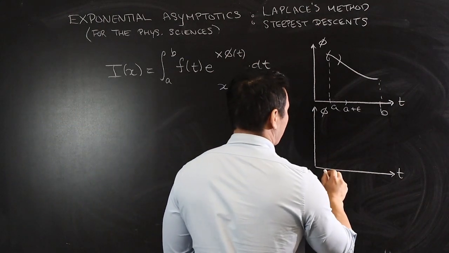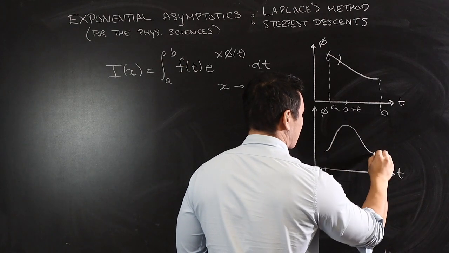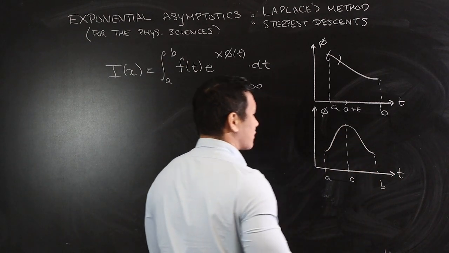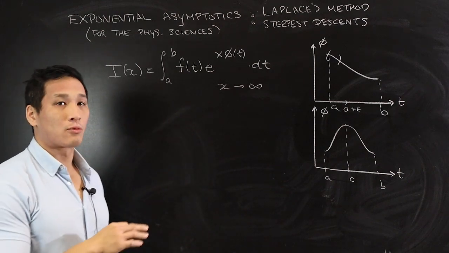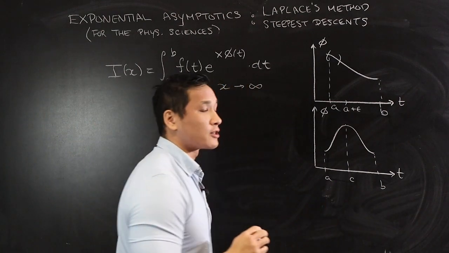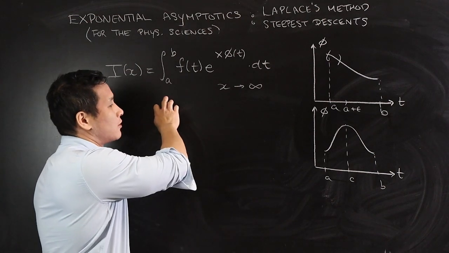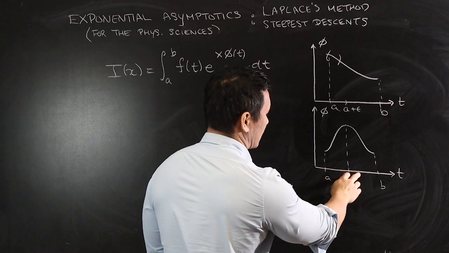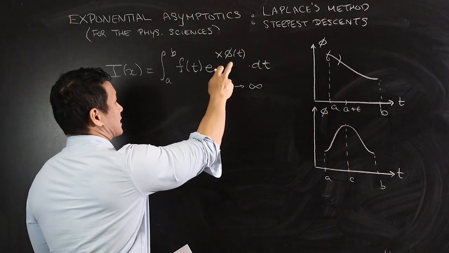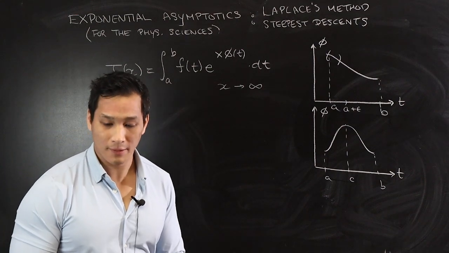And the other version of Laplace's method you would apply if your function phi looks something like this. So in this case, phi has a local maxima somewhere within the domain of integration. But the same philosophy applies. You take this integral, you truncate it in a little neighborhood about the point c, and then you start expanding each of the functions, hoping to get something that's simpler to evaluate.